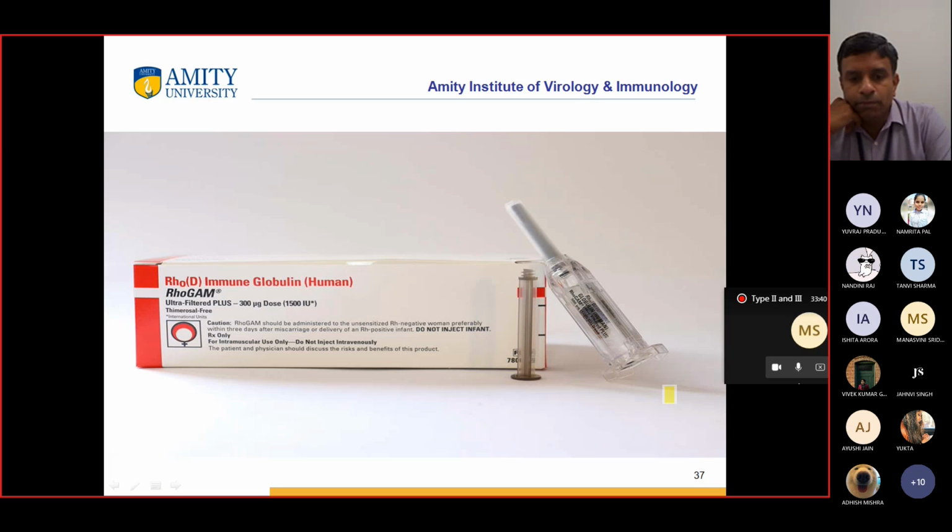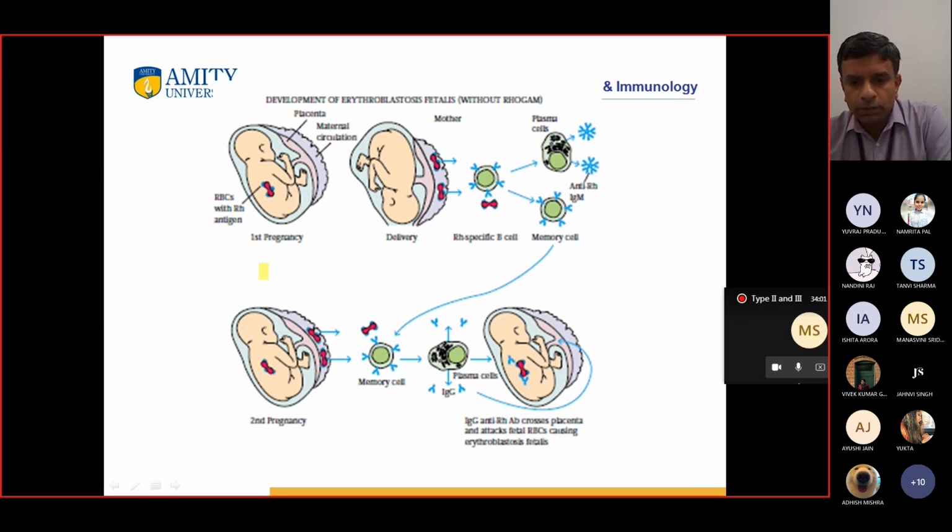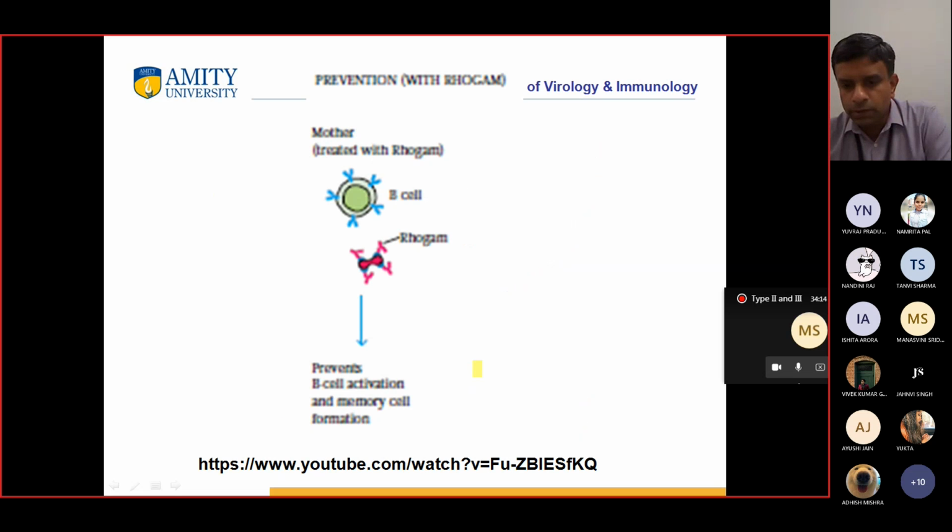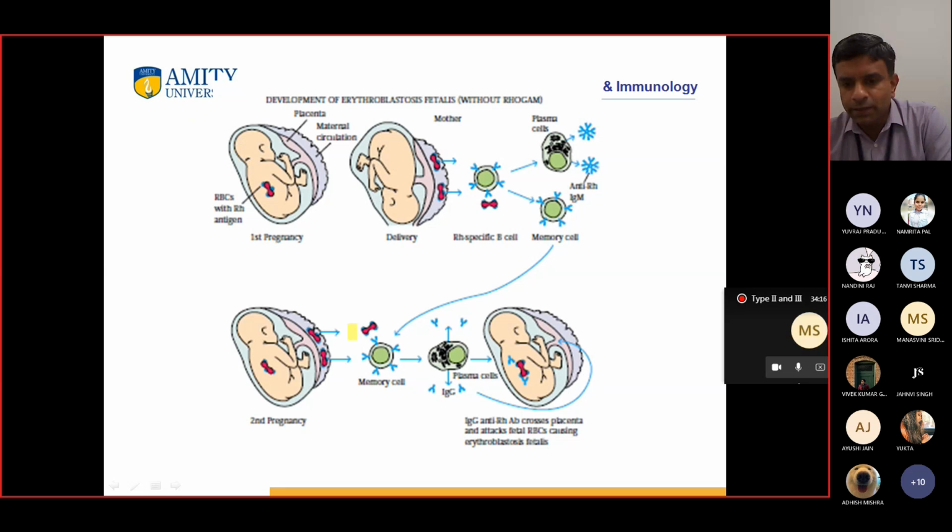You can see this picture of ROGAM. You can see it's human, so this is antibody against human, and you can see the dose. This is what I was saying, that if we add ROGAM in the second pregnancy, this is the mechanism which I've already discussed.